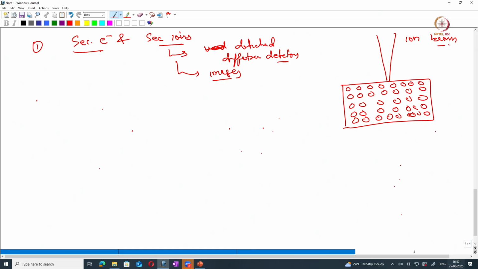Okay, the second interaction, which is the main one for the focused ion beam, is called sputtering. What is sputtering here? Sputtering is the removal of sample surface atoms.